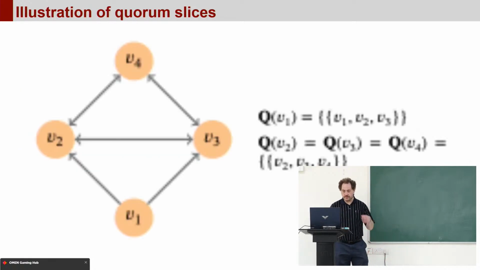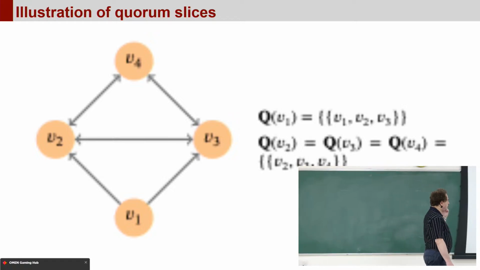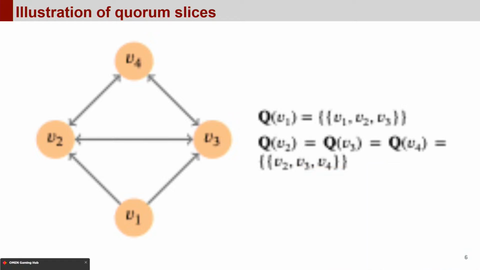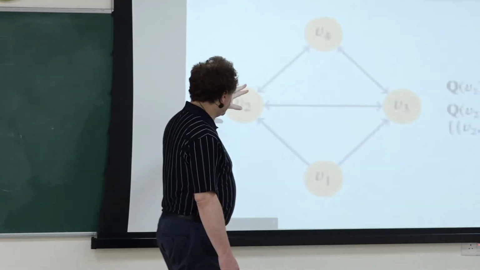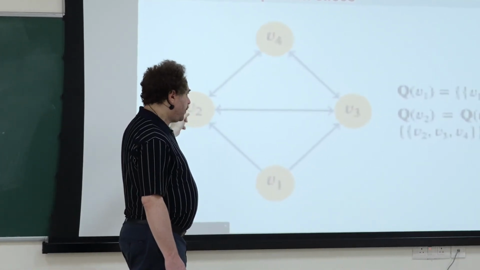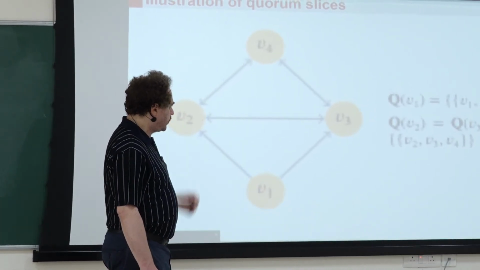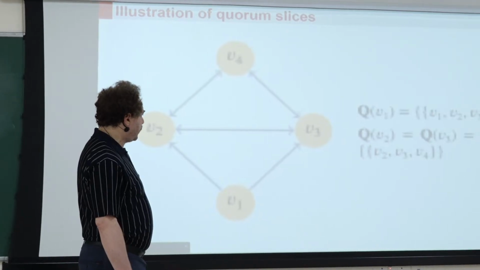Here's an example. In this example, there are 4 nodes, V1 to V4.